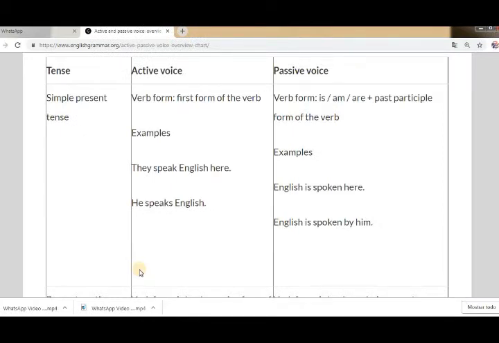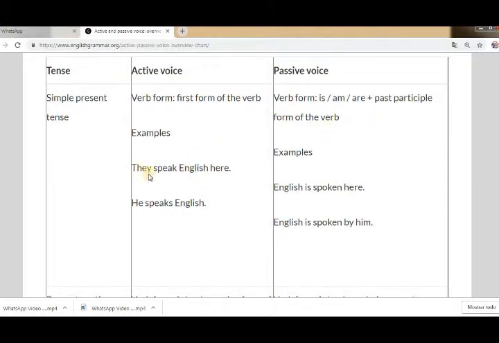For example, here I'm teaching the passive voice, and this has to be the pattern that you're going to be teaching. You have to show active voice and the passive voice, and the passive voice must include the formula that you can see here. The passive voice formula is am/are plus the past participle form of the verb.